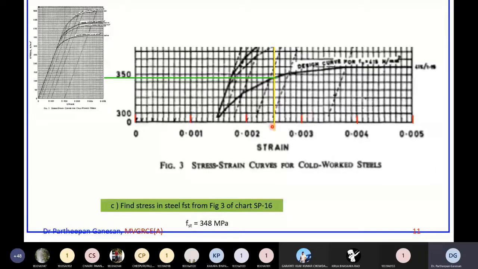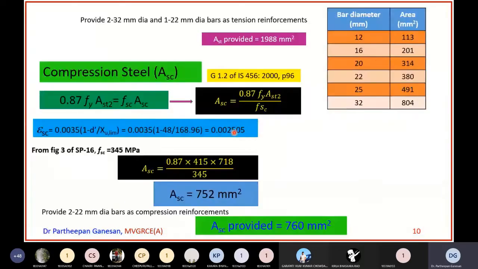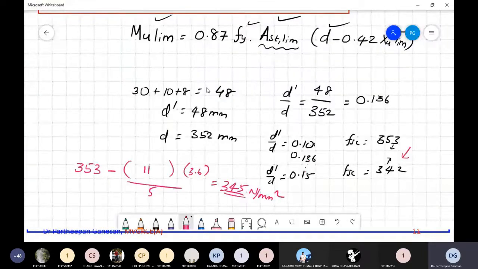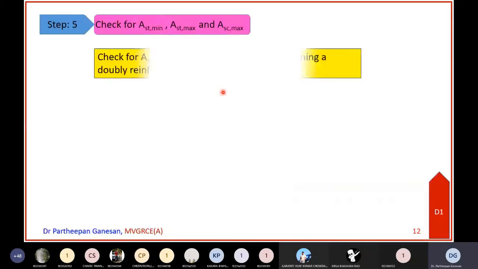This is yesterday's graph, where the strain is 0.0025, and this is the FSC of 345. If you draw a line at 0.0025, it cuts at this point, between 340 and 350, exactly in the middle at 345. From the graph it will be a little approximate, but it's fine. After that everything remains the same.